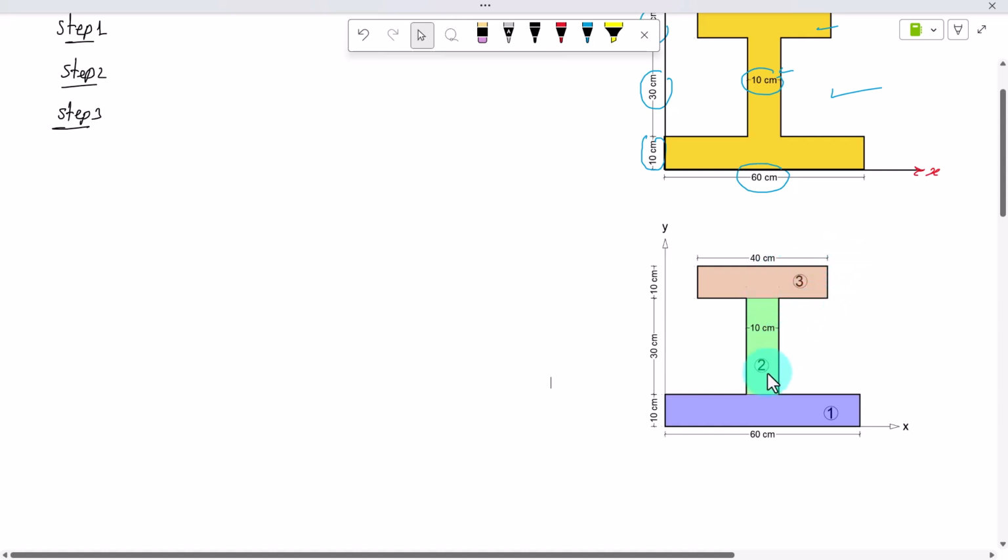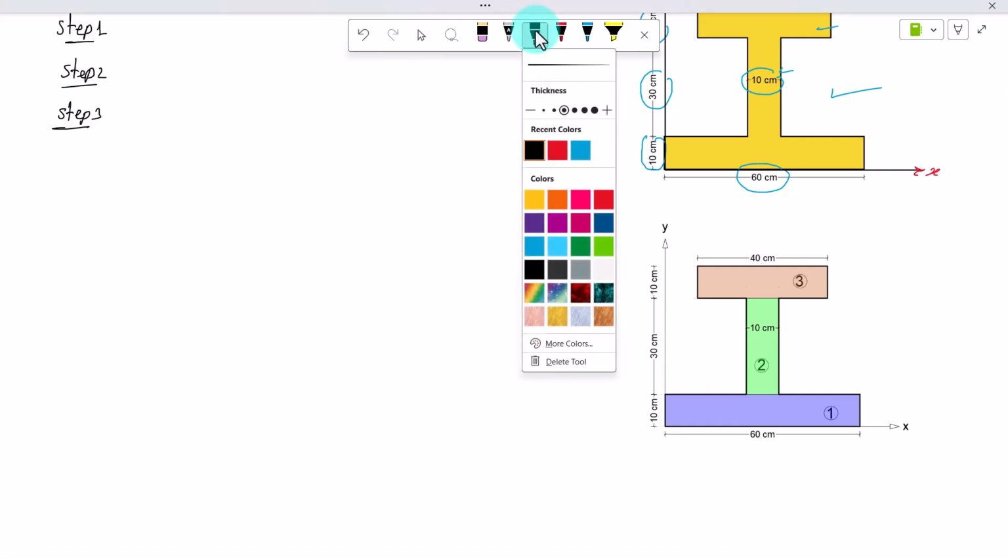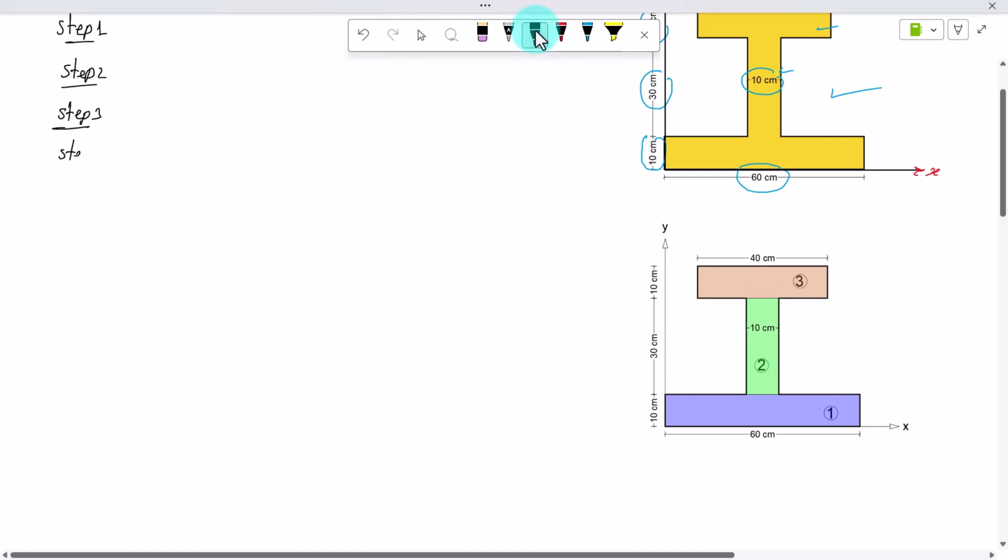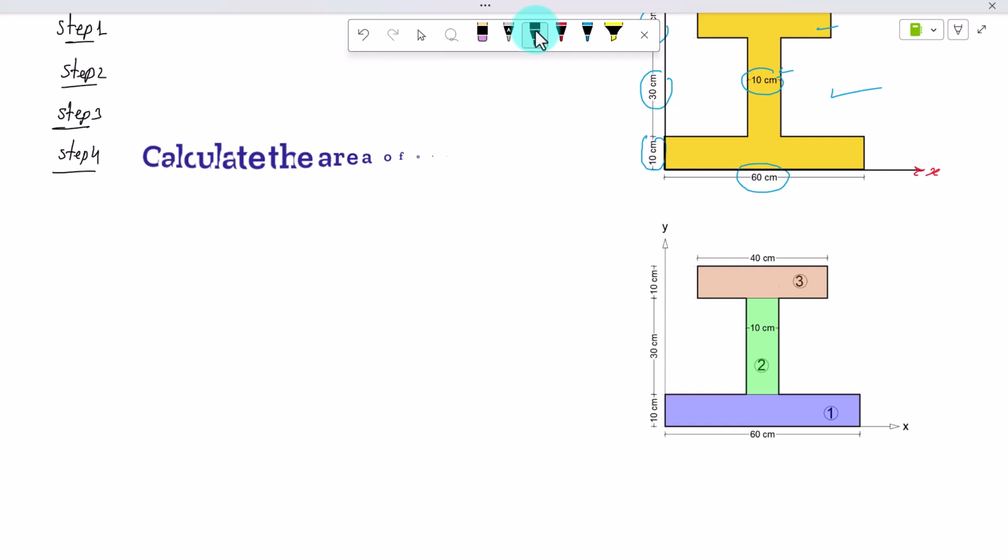Now we can go to step 4. In this step, we can calculate the area of each part. Now we can calculate the area of bottom flange A1.